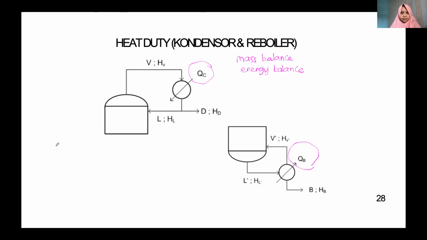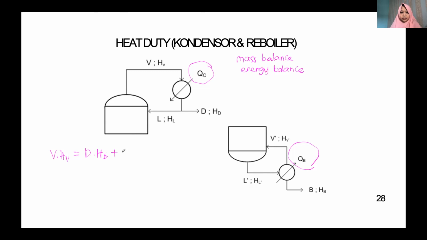HV equals HD plus HL. That's the energy balance: V times HV equals D times HD plus L times HL.